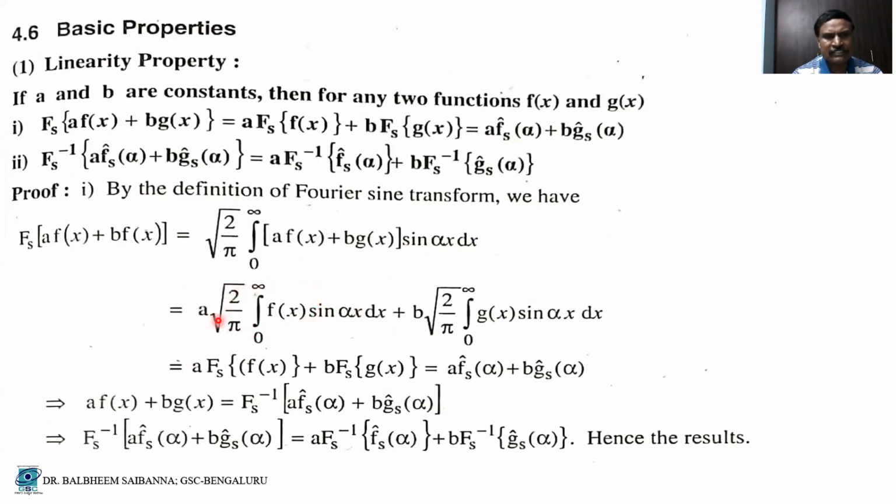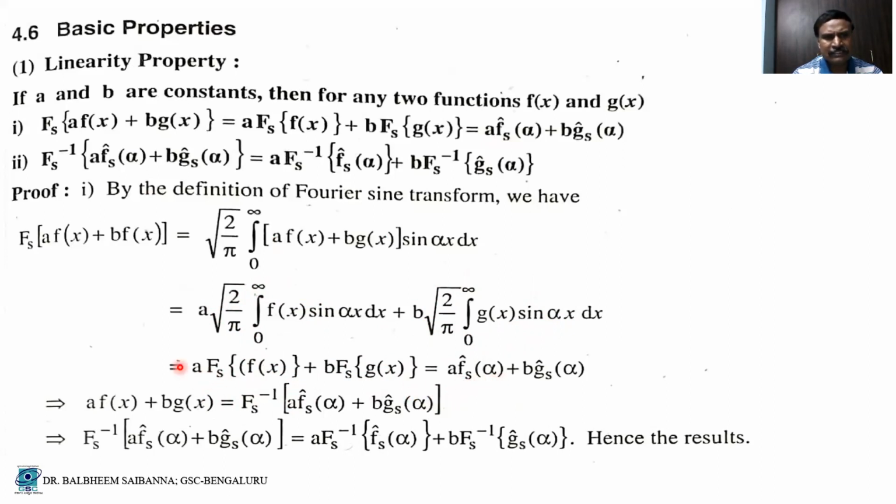By using the definition of the sine transformation, we write Fs of f of x, then plus b as it is. Again, observe this integral. By using the definition of the sine transformation, this is Fs of g of x.